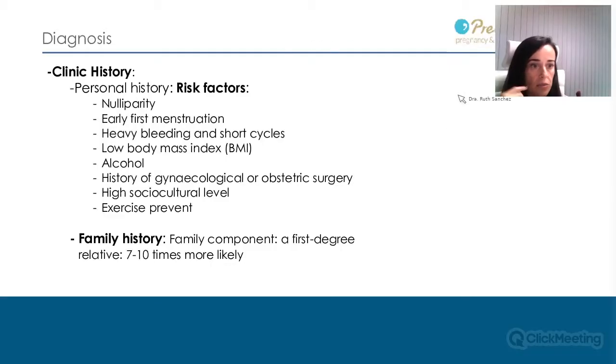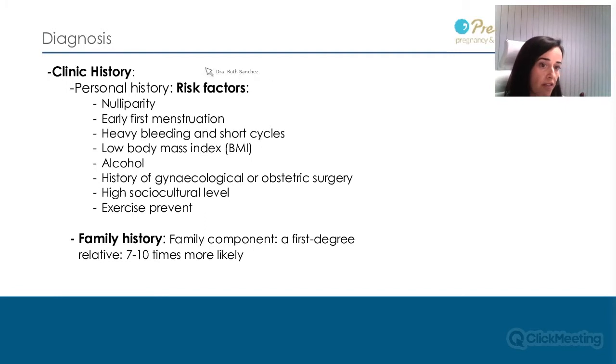And how can we diagnose this disease? Well, it's very important to do a very good clinical history. We have to ask for personal history to find the risk factors of this disease. Some of them are nulliparity, to have early first menstruations, to have heavy bleeding and short cycles, to have a low body mass index, to drink alcohol.